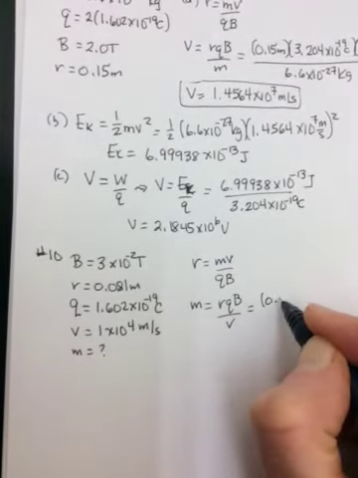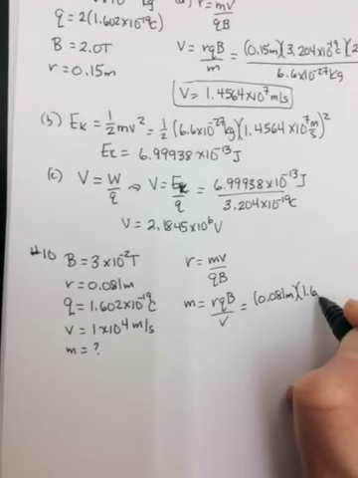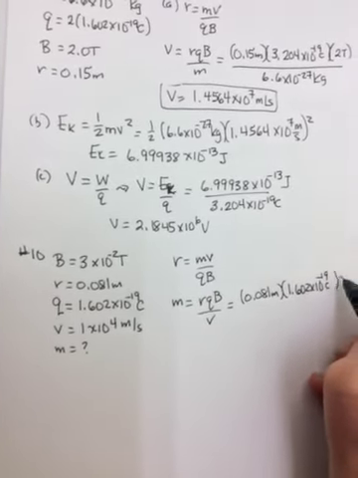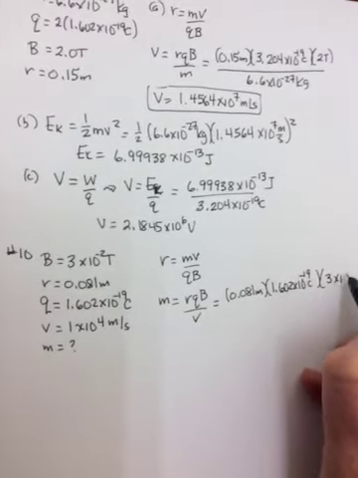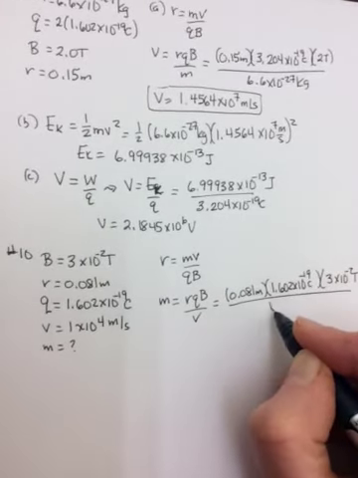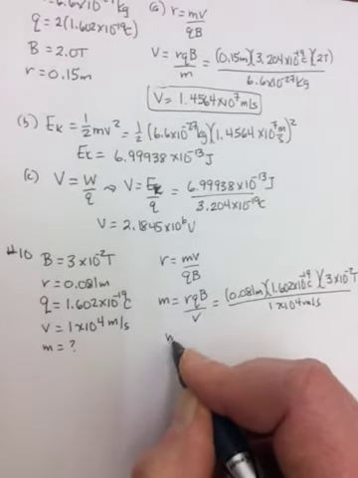R is 0.081 meters, q is 1.602 times 10 to the negative 19 coulombs, B is 3 times 10 to the negative 2 teslas, and the speed is 1 times 10 to the fourth meters per second.